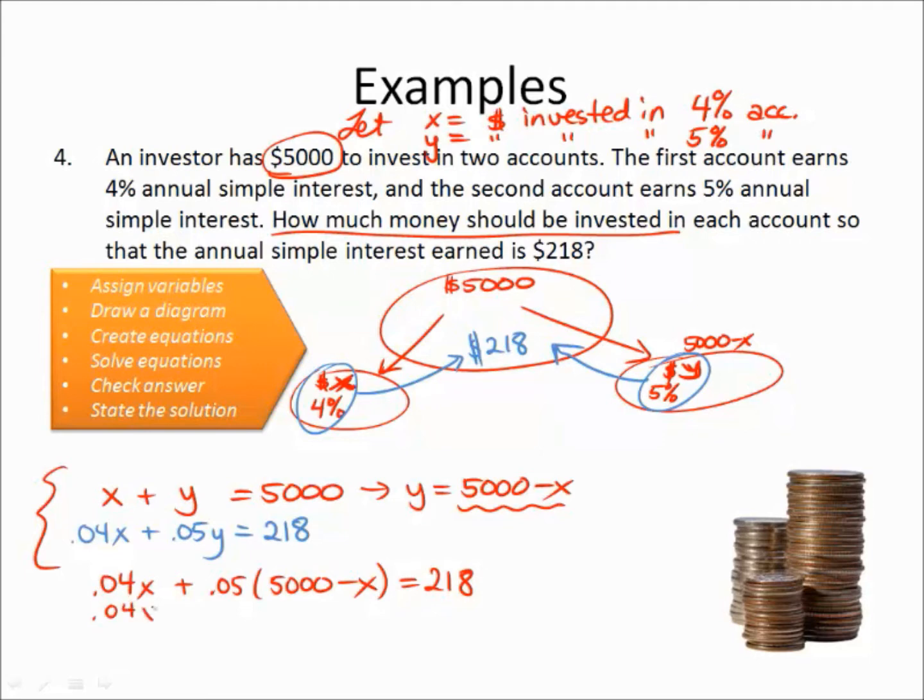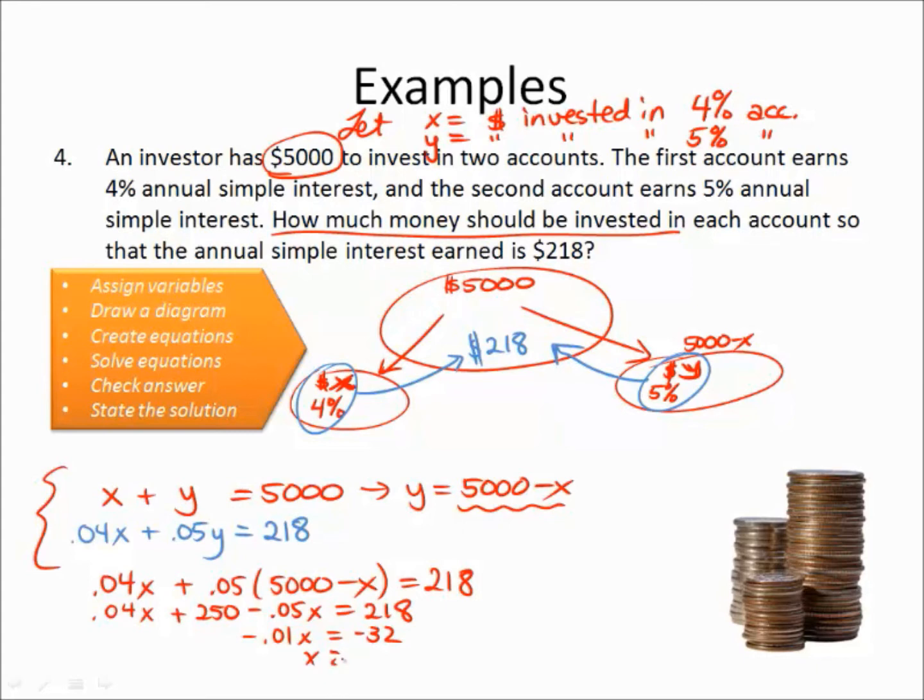We get 0.04x plus 0.05 of 5,000, which is 250, minus 0.05x is equal to 218. Continue solving that, you get negative 0.01x is equal to 218 minus 250, which is negative 32.